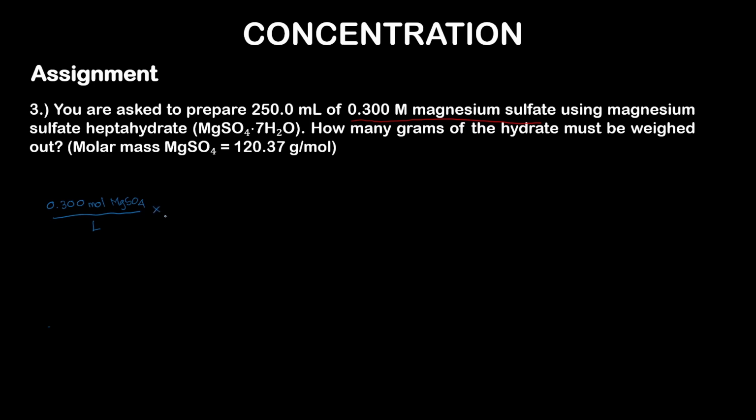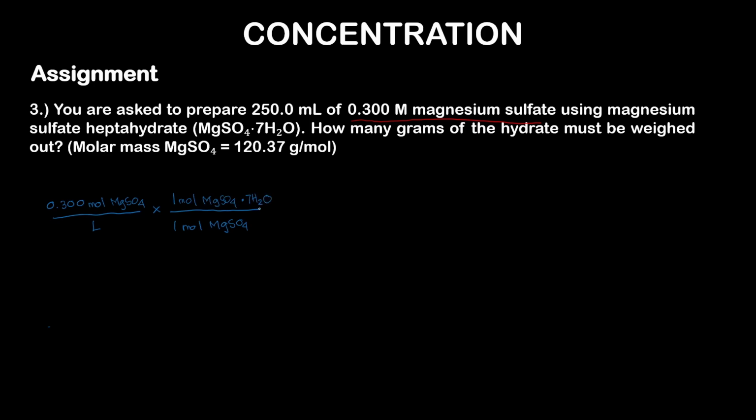Times, now we want the stoichiometric ratio between magnesium sulfate and magnesium sulfate heptahydrate. Now 1 mole of magnesium sulfate is also what? 1 mole of magnesium sulfate heptahydrate.